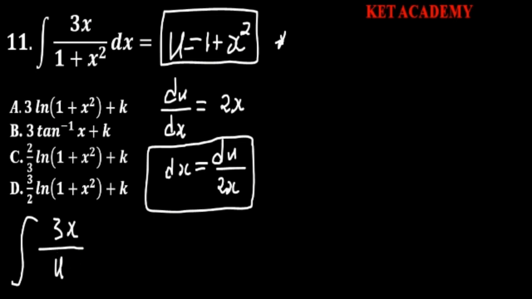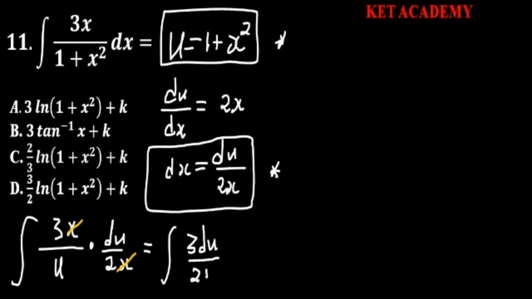Now I know that my dx is du from here, my dx is du, so it will be du divided by 2x. So I notice that I can actually cancel out x, so x can be cancelled, so I'll be left with just the integral. So this will be the same as the integral of 3 du divided by 2u.